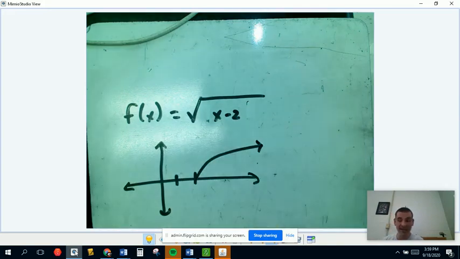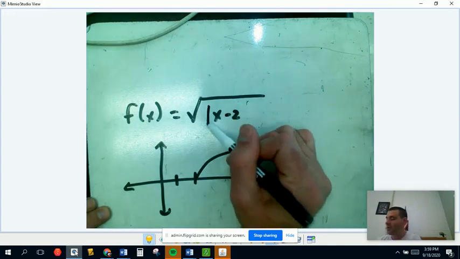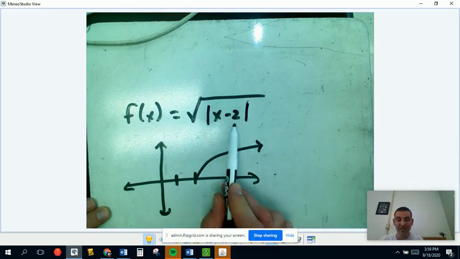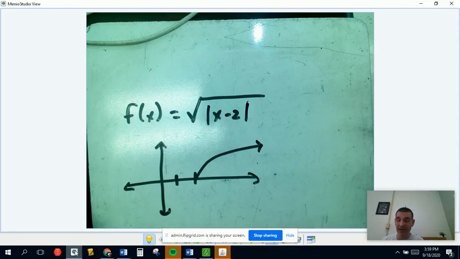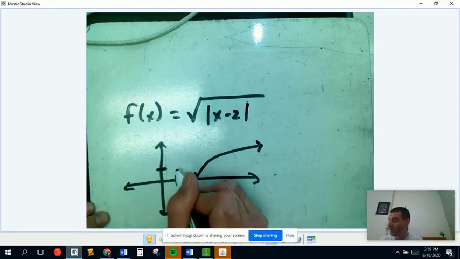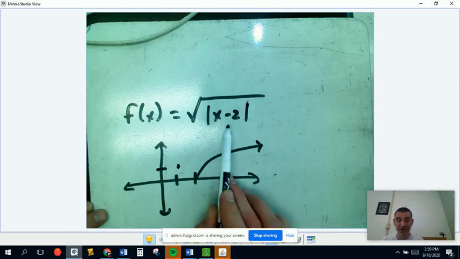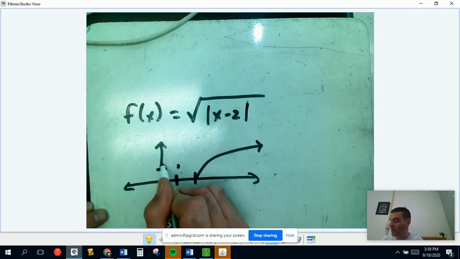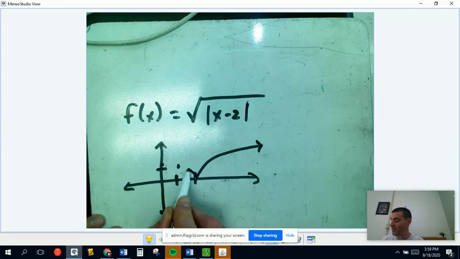The square root of negative 1 is imaginary, which won't show. But if I put 1 in here now, 1 minus 2 is negative 1. The absolute value of negative 1 is 1. And I can take the square root of that. It's actually going to be 1 here. Similarly, if I put a 0 in here, I get the square root of 2. And what it's going to do is make a graph that looks like this.